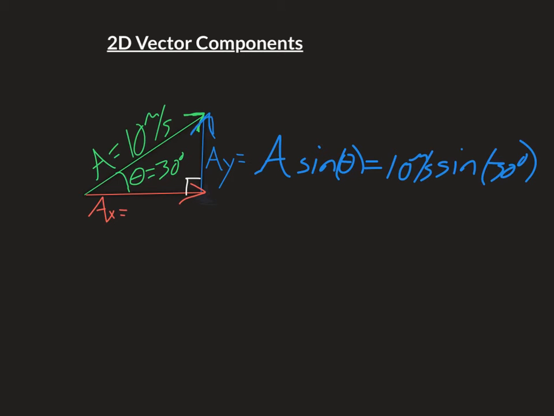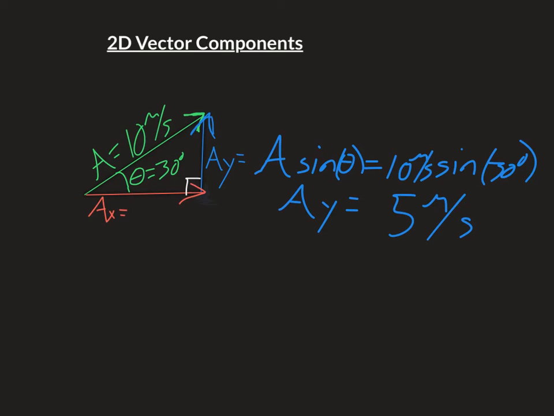And after we have that, we can put it in our calculators, and that would actually be 5 meters per second. And we have an actual value for that.